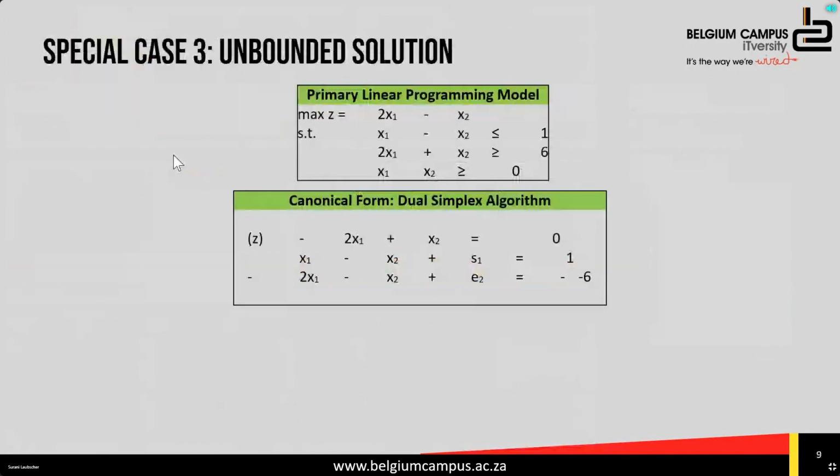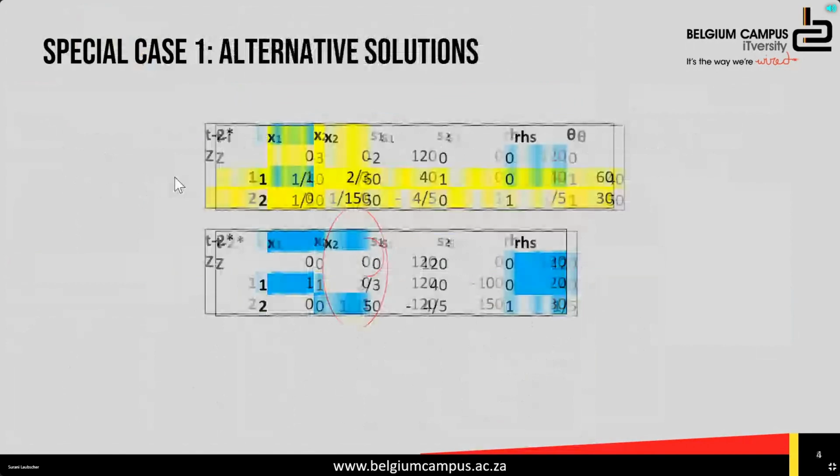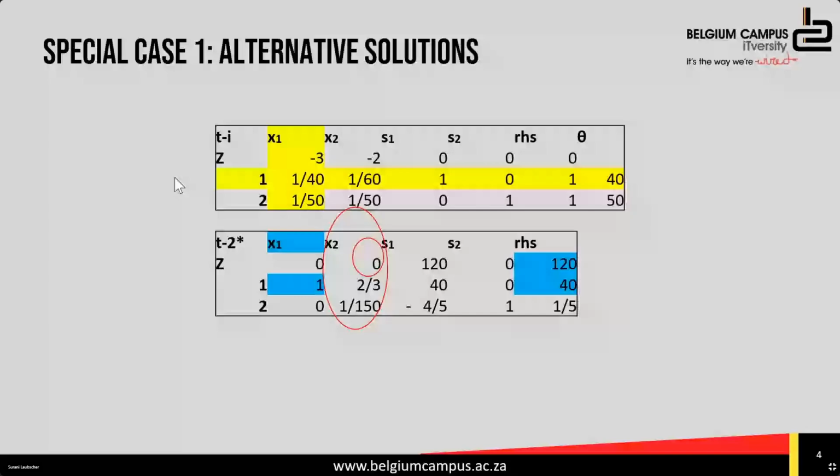Alternative solutions, guys, how do I pick that up? Look at what I see there. What did I highlight for you there? The zero. Zero where, specifically? In the zero. But what's the rest? Is it basic or non-basic? Non-basic. So if it's a non-basic variable with a 0 in the Z, I can pivot on that column and get an alternative solution.